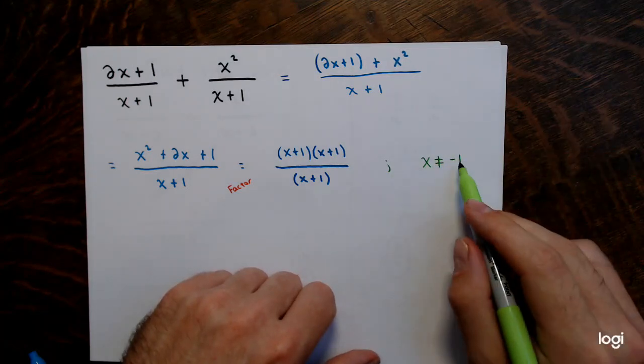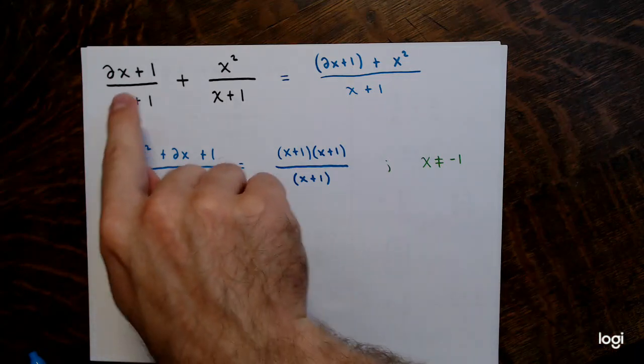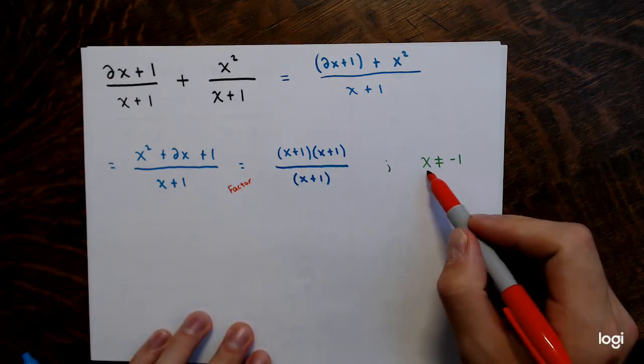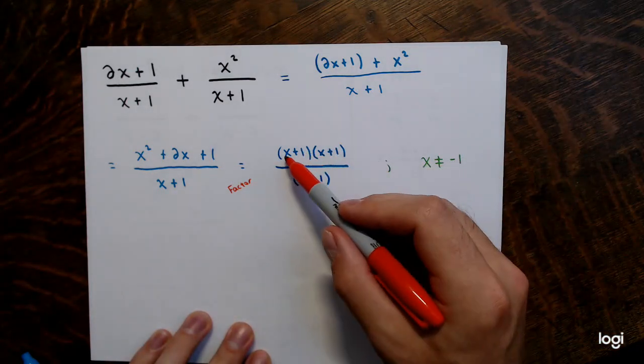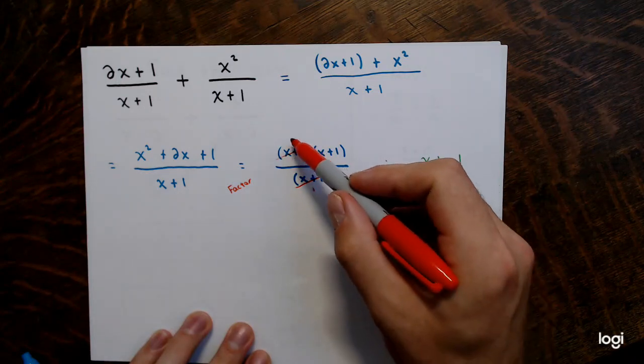If I replace x with negative 1, I'll have 0 in a denominator somewhere. You just can't have 0 in a denominator anywhere in the problem. So as long as x is not -1, we're golden. And we'll go through and simplify. I see again the common factor of x plus 1, so these both technically become 1s.